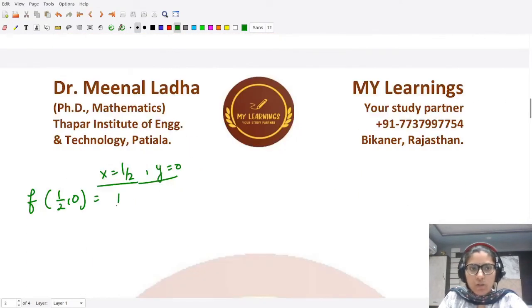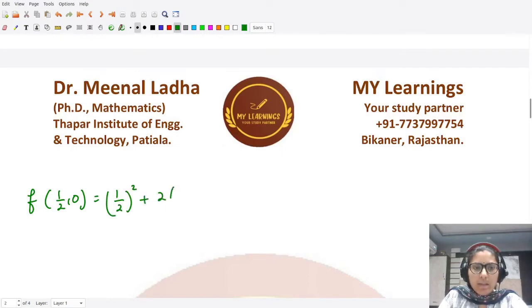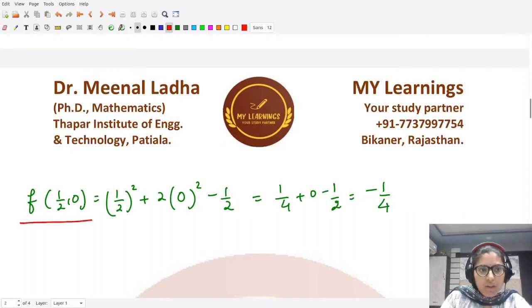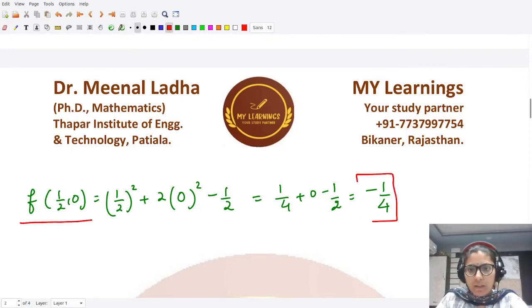So it would be 1 by 2 whole square, plus 2 times y square, that is 0 square, minus x. When you solve this, we have 1 by 4 plus 0 minus 1 by 2. So the answer is minus 1 by 4. So f of (1 by 2, 0) is equal to minus 1 by 4. This is one of the values.